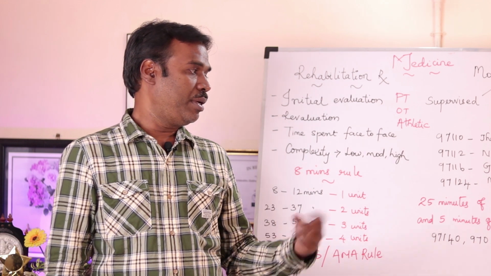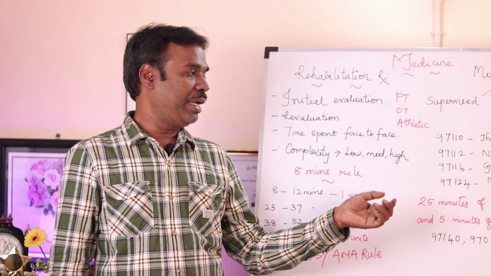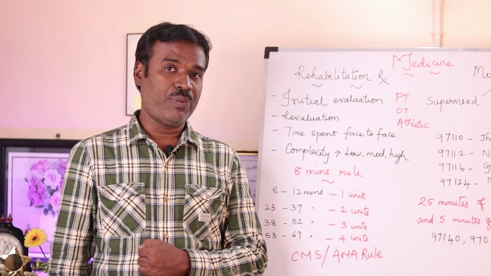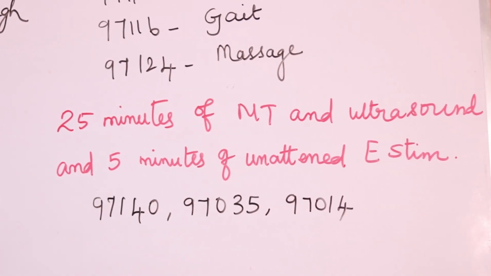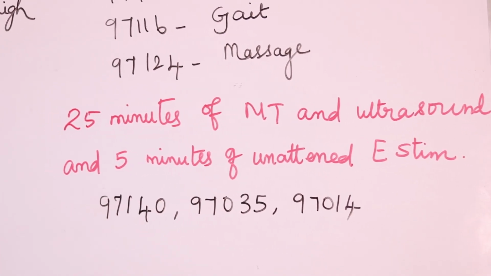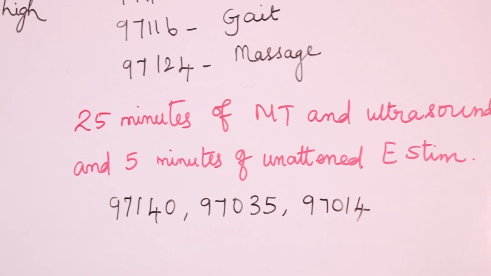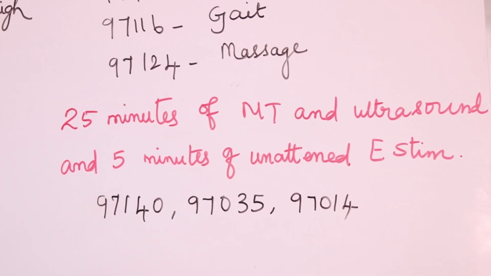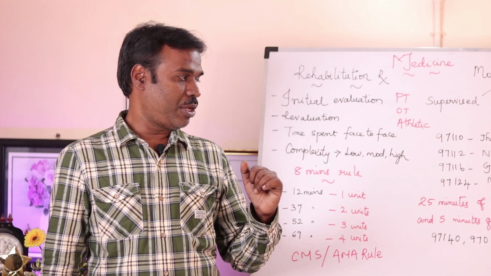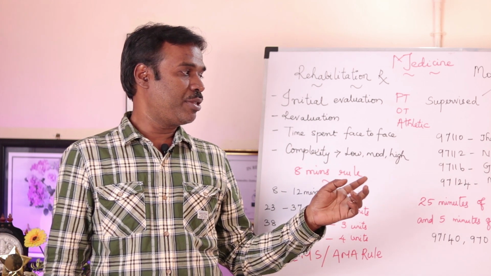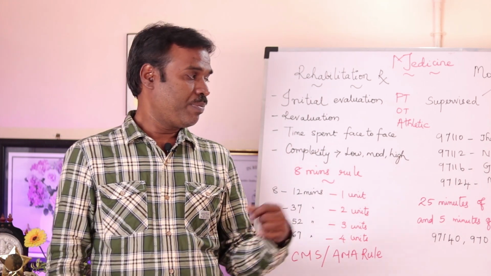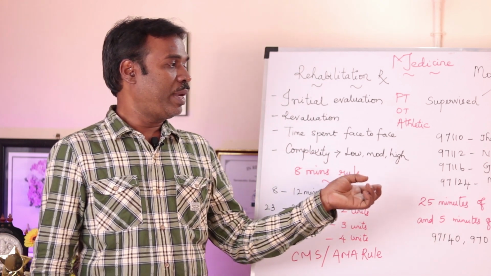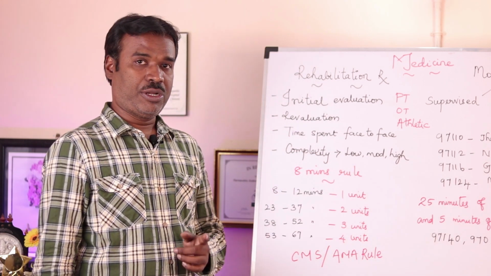For example, let's say a PT spends 25 minutes of manual therapy and ultrasound service, which means this is a constant attendance modality, and he spends 5 minutes of unattended electrical stimulation. Here it says 25 minutes of MT and ultrasound.